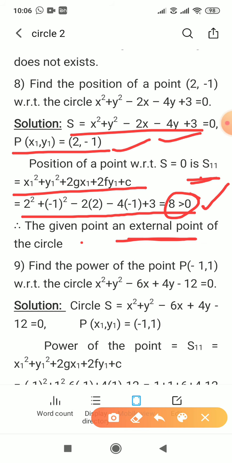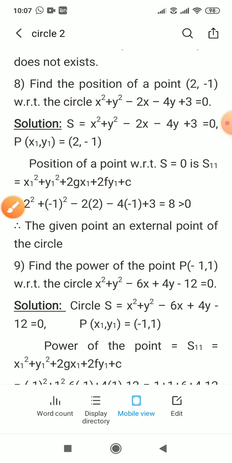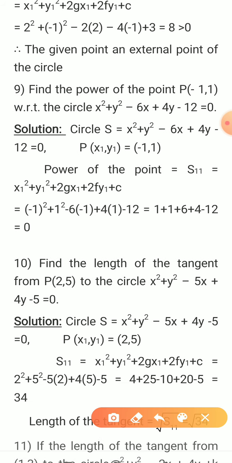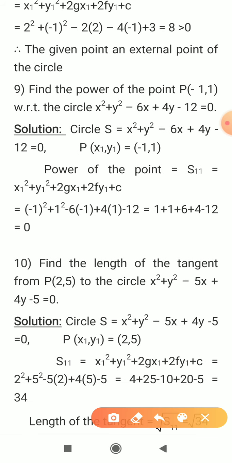Next we discuss another problem, power of a point. Find the power of the point P(-1, 1) with respect to the circle x square plus y square minus 4x minus 6y minus 12 is equal to 0. You know the power of the point is S11.